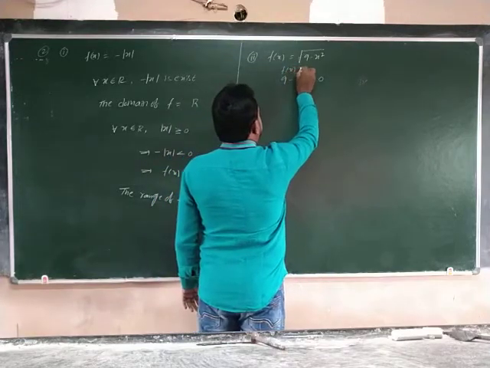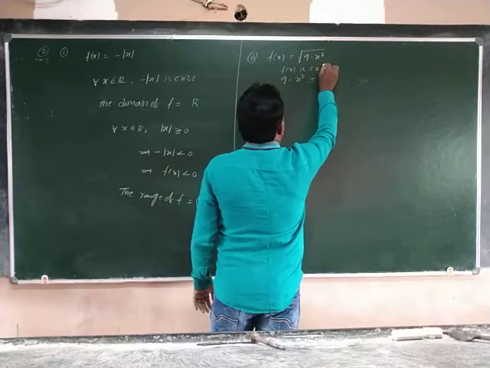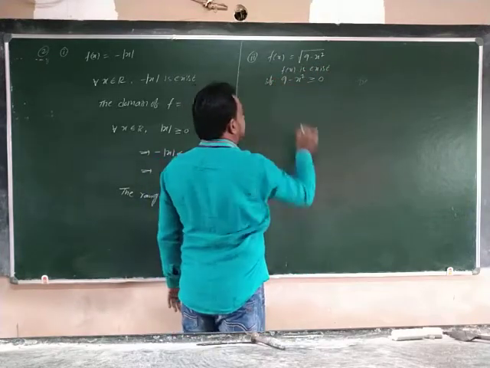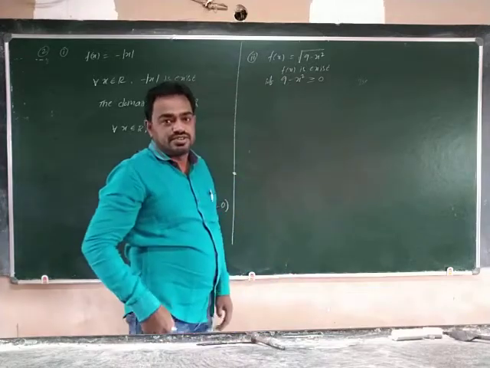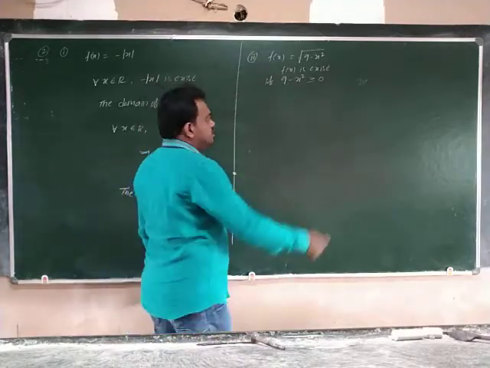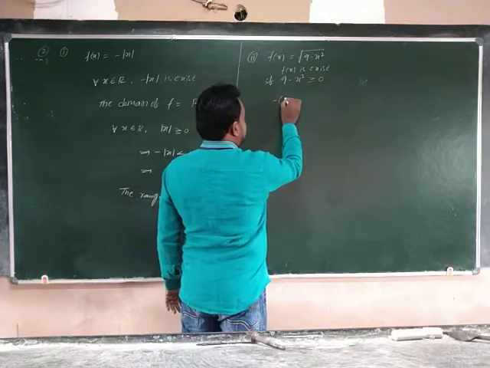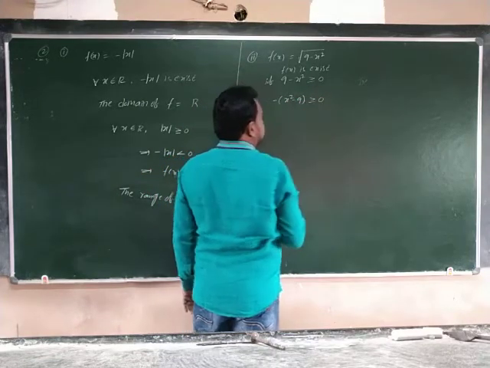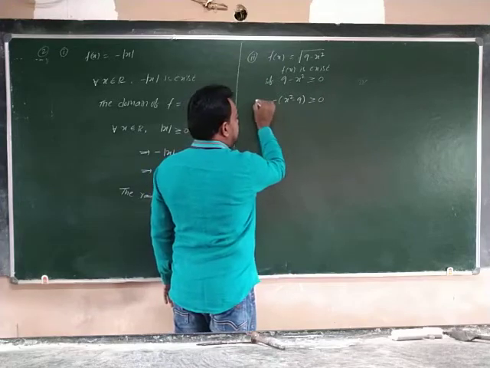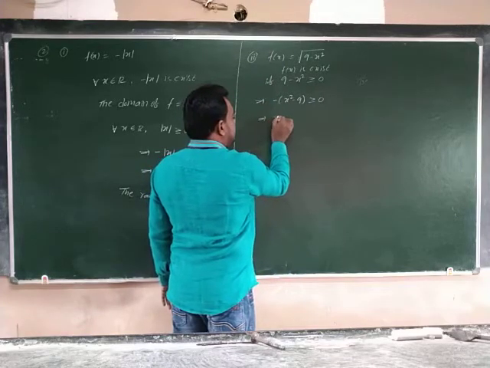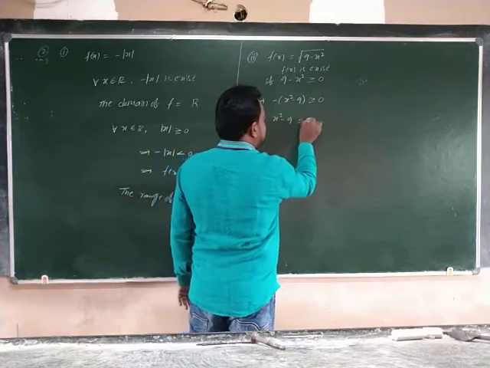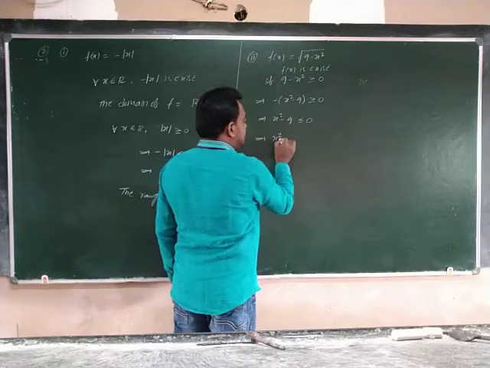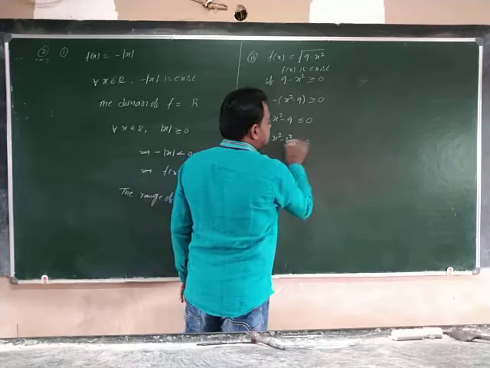f of x exists if 9 minus x square is greater than or equal to 0. Next, if you take minus common, x square minus 9 is less than or equal to 0. This is x square minus 3 square is less than or equal to 0.